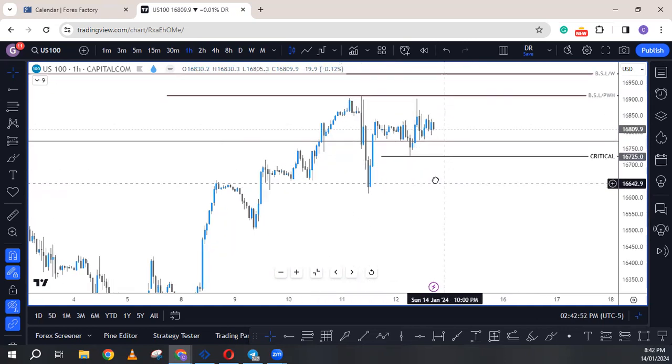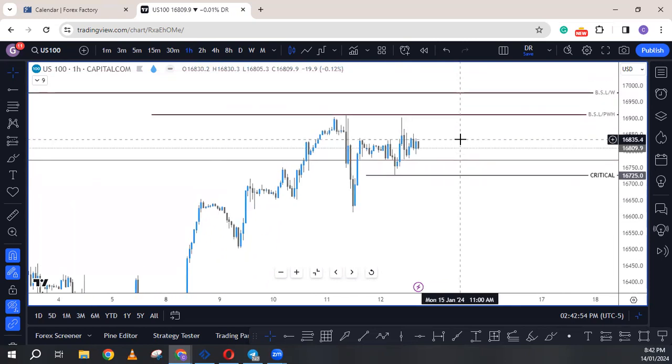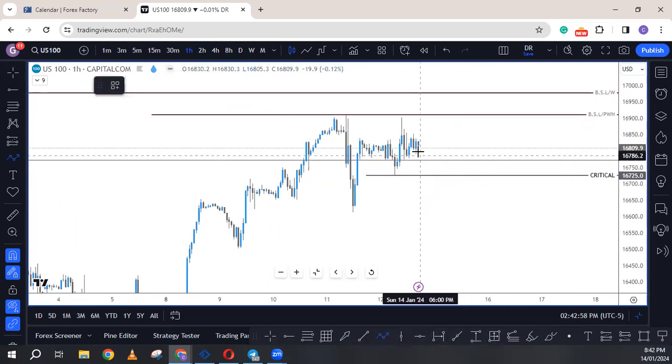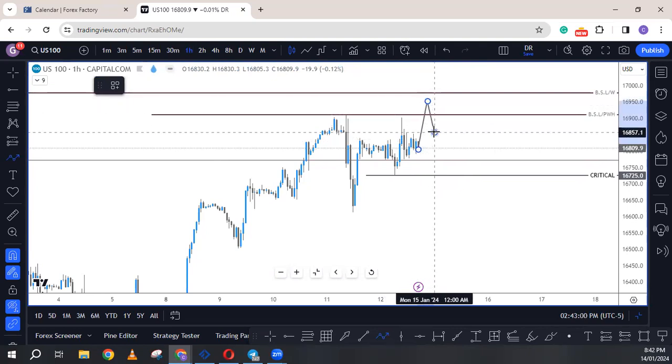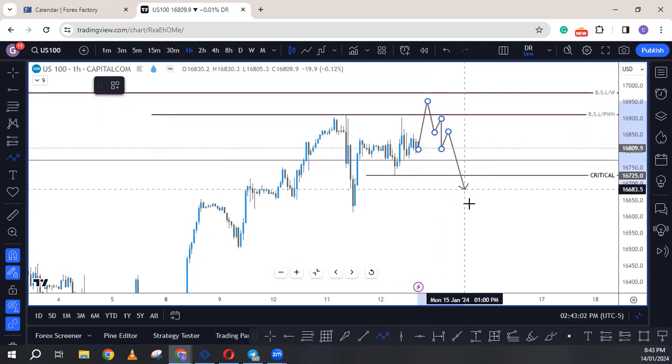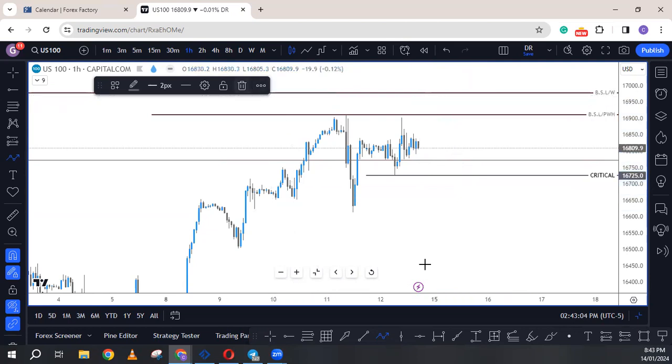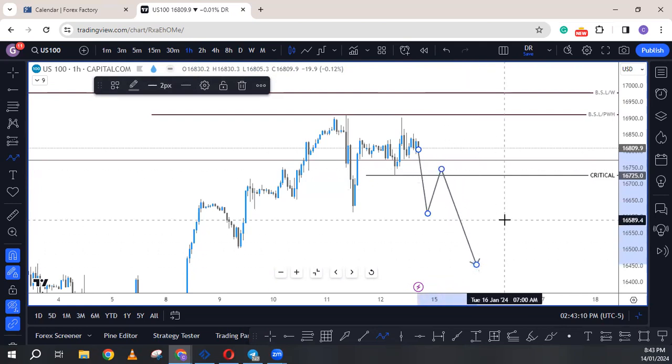So going into this week, the possibility exists that this may still move lower, but it depends on what they do. Will they sweep the highs, create something like this and move down, or will they sweep this low, retrace, then move lower?